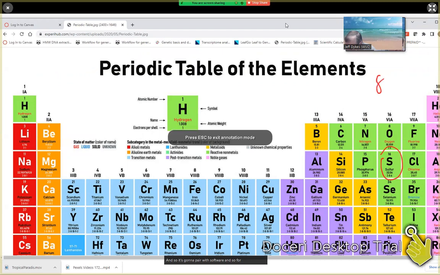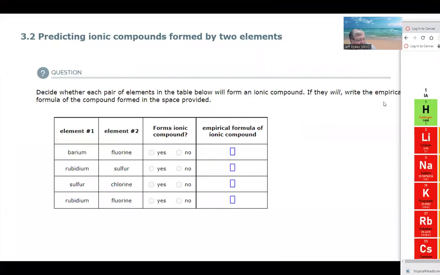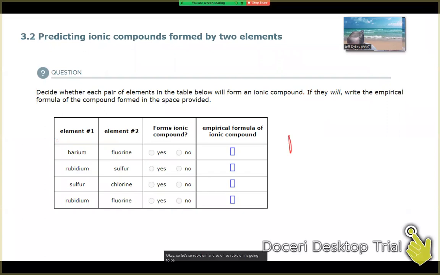So 8 minus 6 is -2. So we're going to have a -2 charge here and a +1 here for rubidium. So rubidium is going to be +1, and sulfur is a -2.